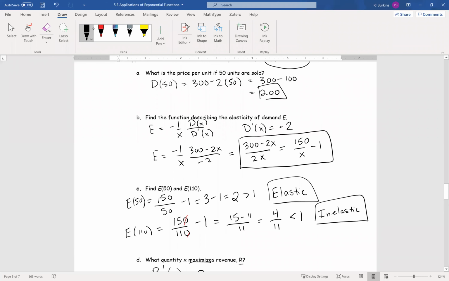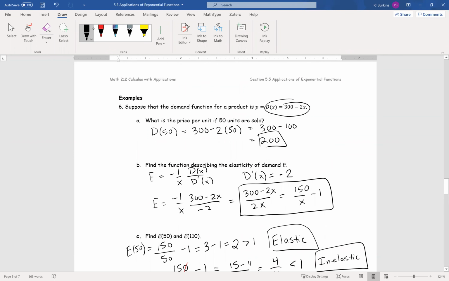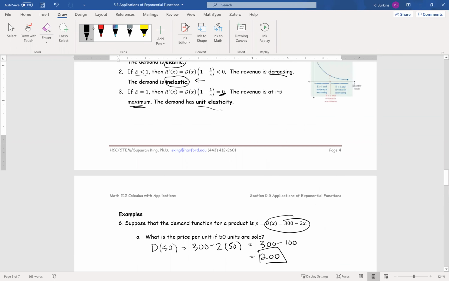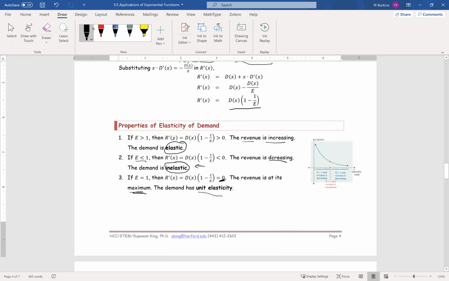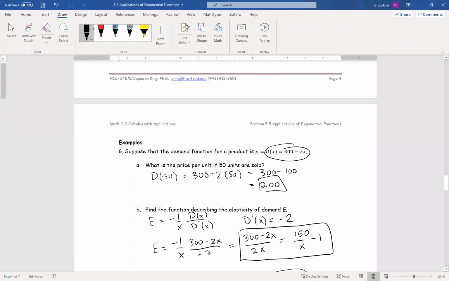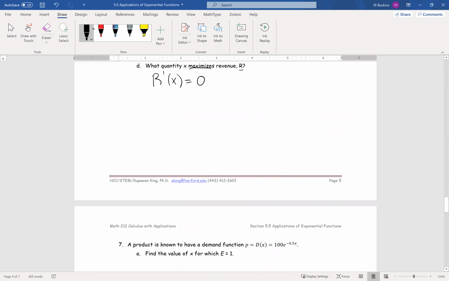So we could go all the way back up here and find R prime, or we could recall that R prime here is given by dx times 1 minus 1 over e. So maybe let's do it both ways. Let's do it this way first.